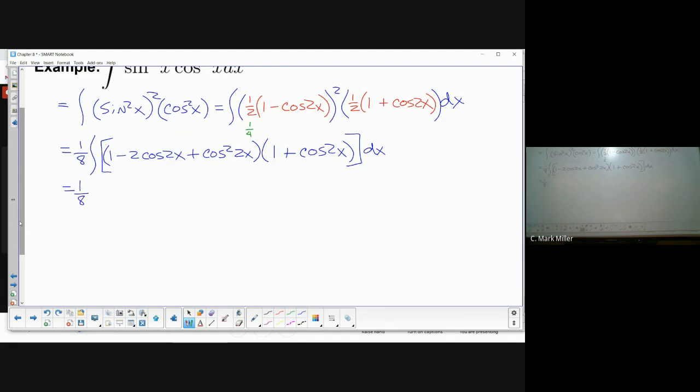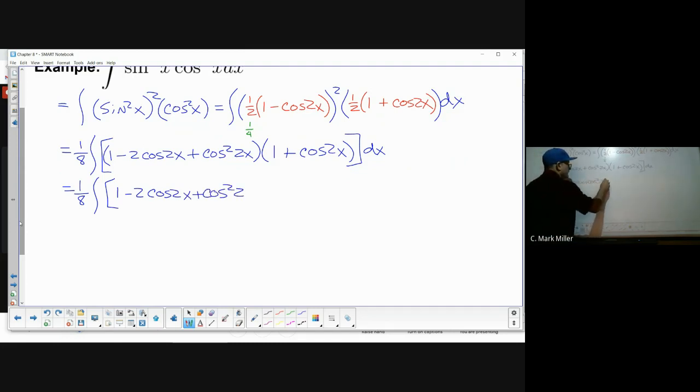So what I'm going to do is take this trinomial and multiply it all by 1. Then I'm going to take the trinomial and multiply it all by cosine 2x.